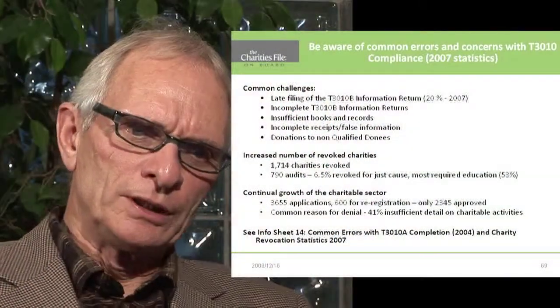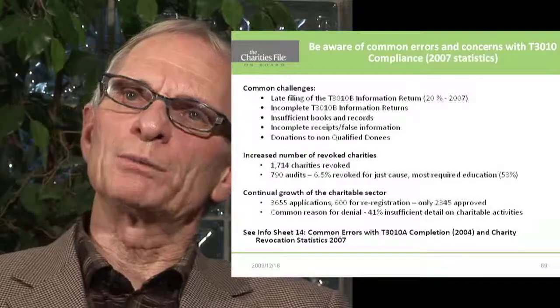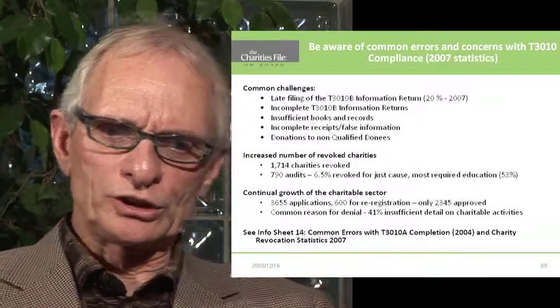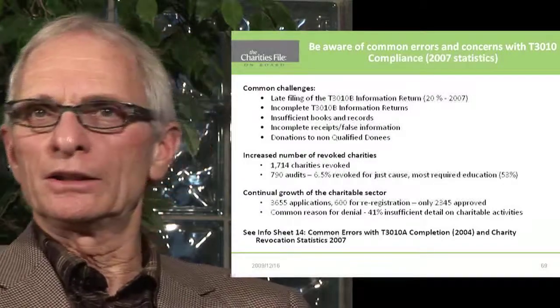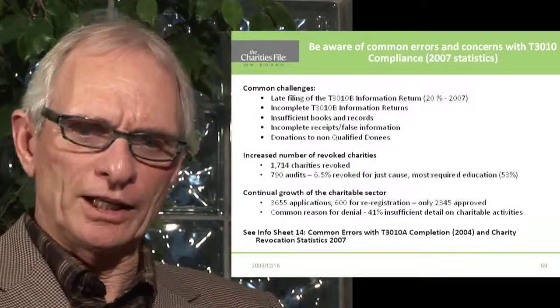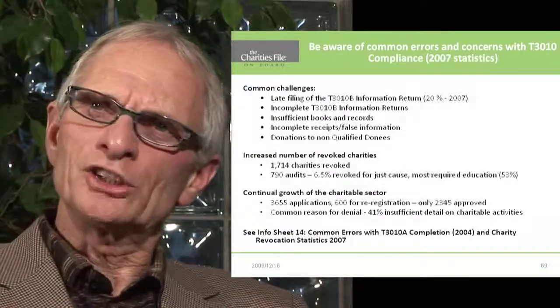And the other issue is that there's a continual growth of the sector. In 2007, there was almost 4,000 applications, of which only about 2,300 were approved. And again, the common reason for denial of that was insufficient detail on the kinds of charitable activities.